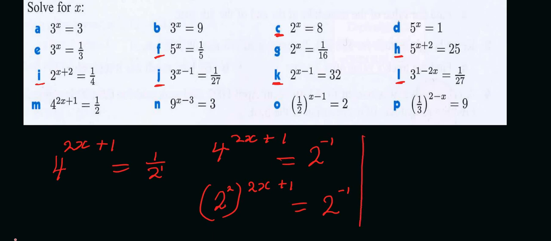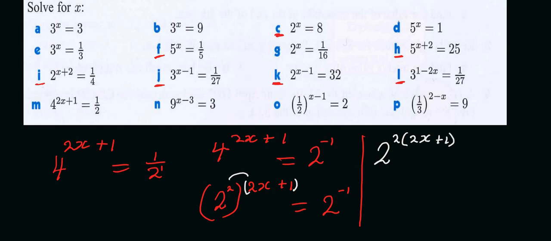Okay, so at this point we can write the exponents of the base on the left side. This 2 will multiply what you have over here, it will multiply the whole of this. So in that sense, we can just write it like this: 2 to the exponent of 2, and put this in parentheses, 2x plus 1.